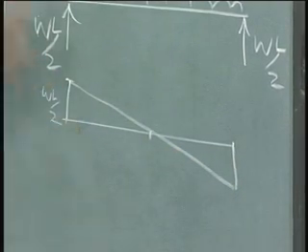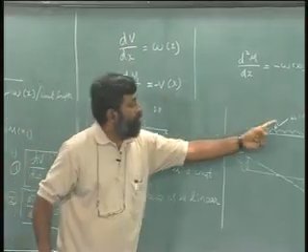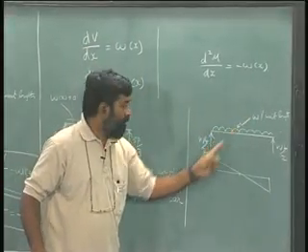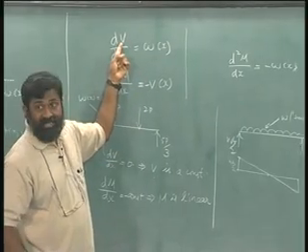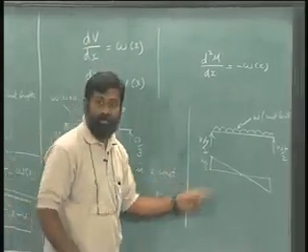Is this correct? From this conclusion, w is a constant, which means dV by dx is a constant, means V is linear. So, I get a linear variation.